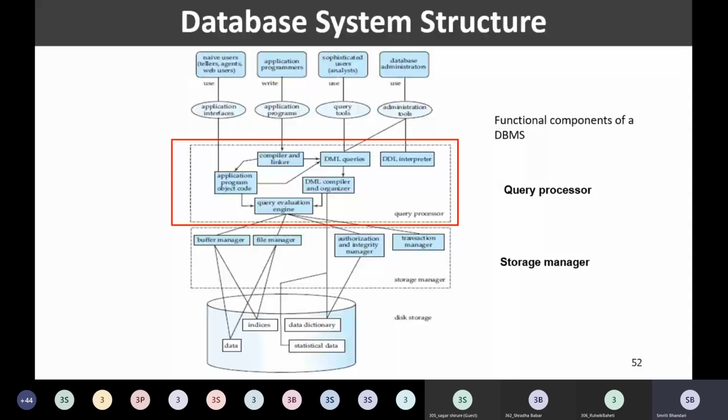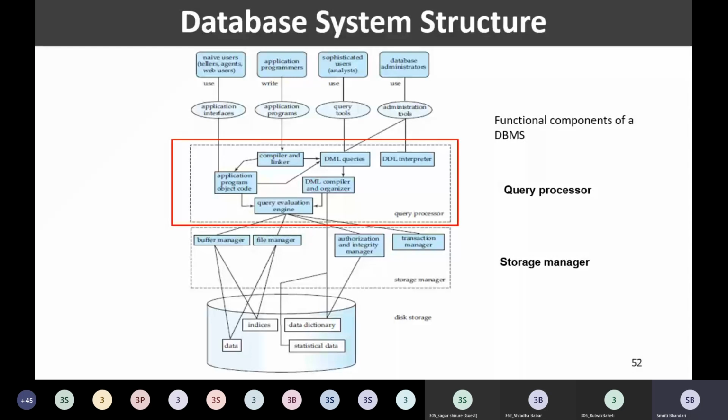Now, what is the role of the query processor? Whatever instruction is provided by our application program or by the administrator needs to be communicated, and accordingly I want to perform the low level operations. So the instruction provided using SQL is high level.